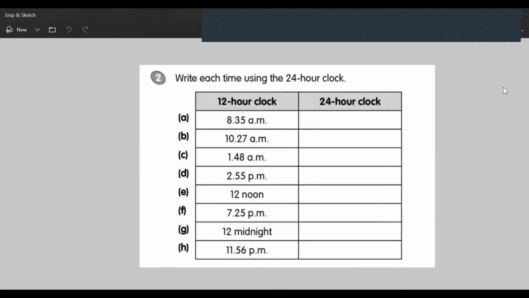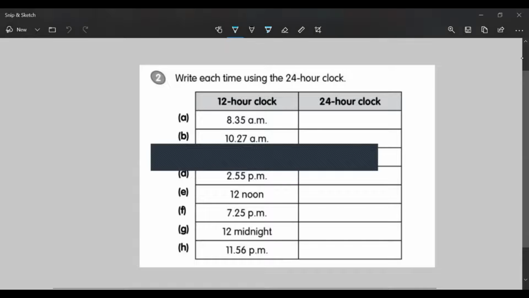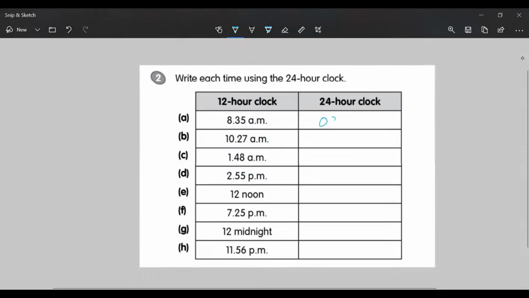Okay, so what do we have here? AM, so it is 08 space 35. Is that okay? 10 space 27. So 1027 hours.